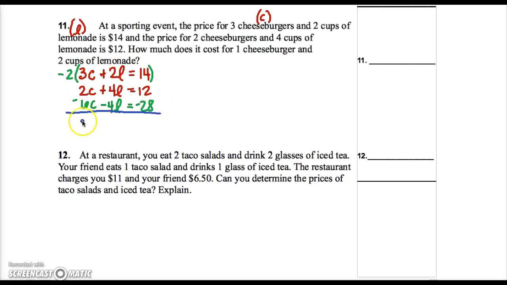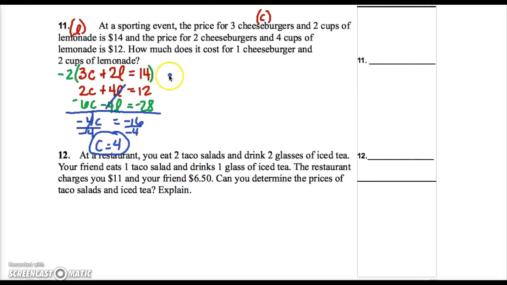So 2 minus 6 is -4, so -4C. My 4L and -4L cancel. And 12 minus 28 is -16. Divide both by -4, and you get C equals 4. So what that means is 1 cheeseburger costs $4.